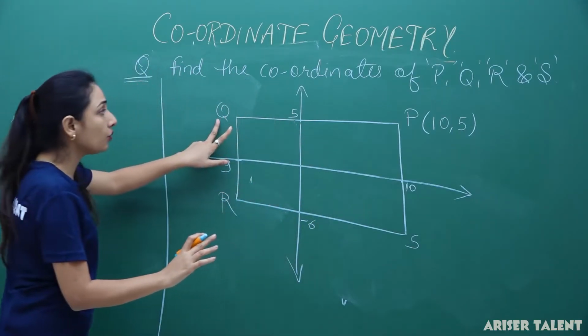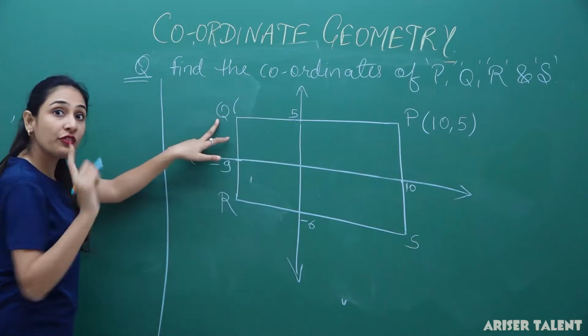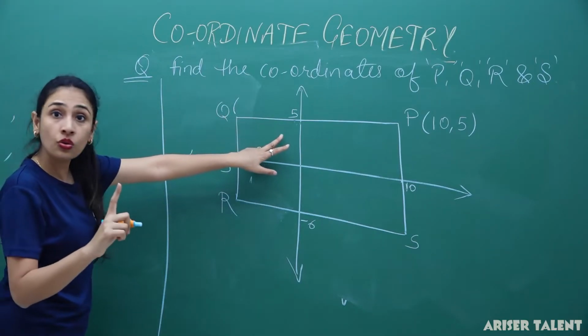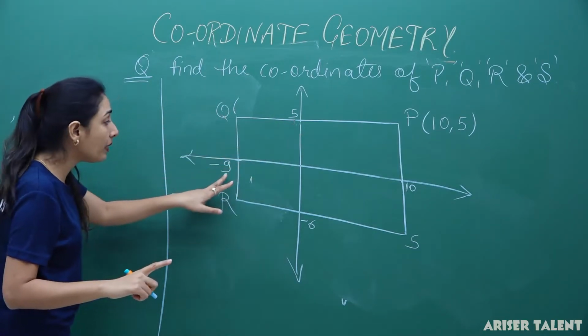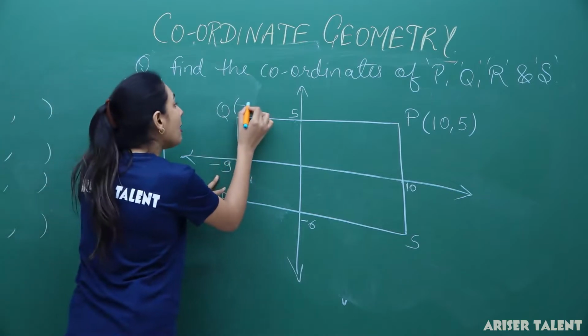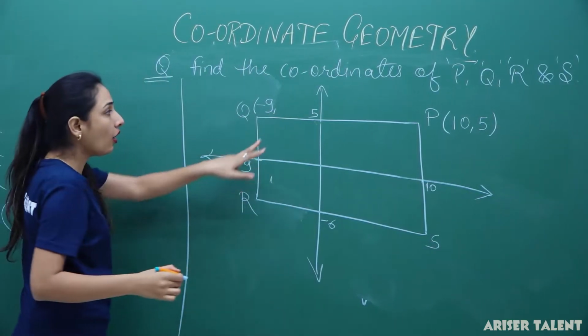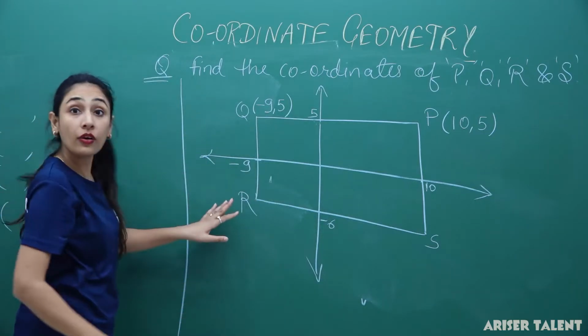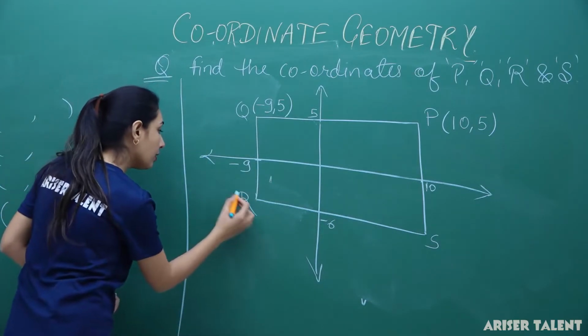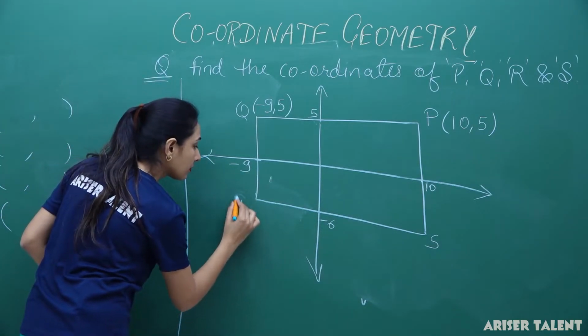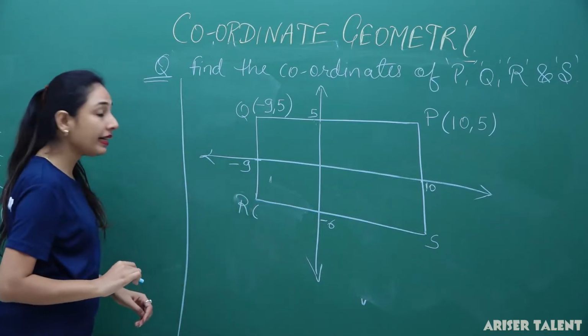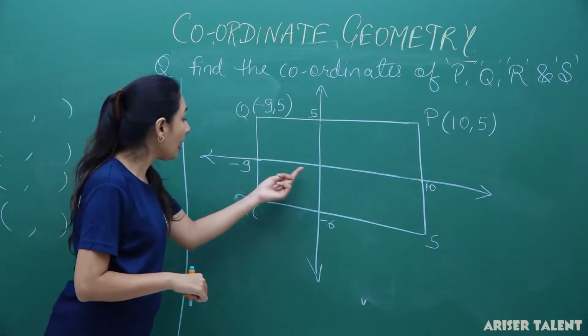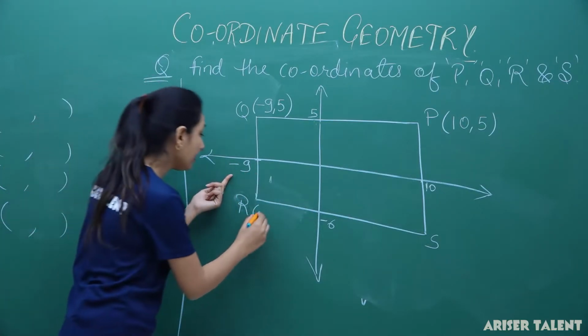Now about Q. First what will I write? This 5? No, this is the ordinate. I have to pick the abscissa. So minus 9 and ordinate 5. So negative, positive. Okay. Now here negative, negative. So that will be R. How will I write it? First the abscissa. Now abscissa here, so minus 9.